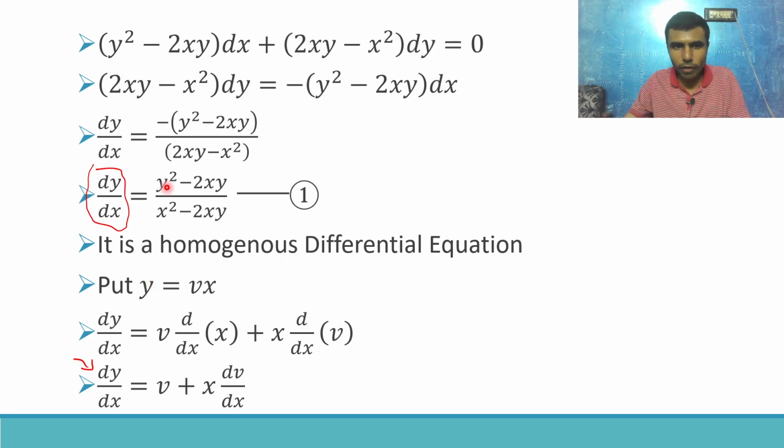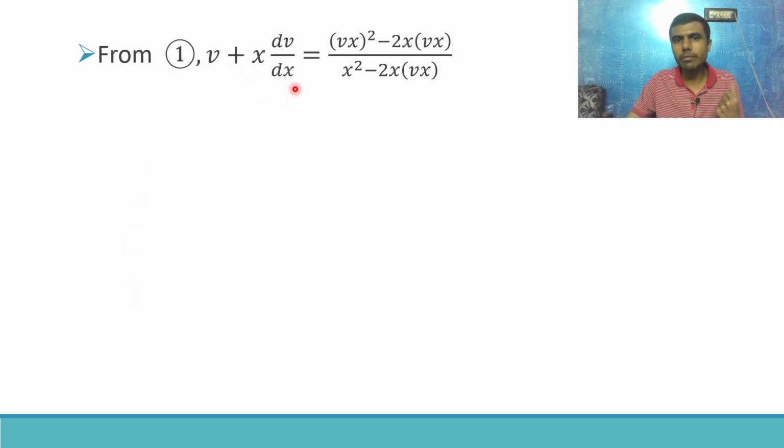Now wherever you see y in this equation, in these three places, in place of y you are going to get vx. With this happening, this is what you would get: v plus x dv by dx is vx whole square minus 2x into vx over x square minus 2x into vx.